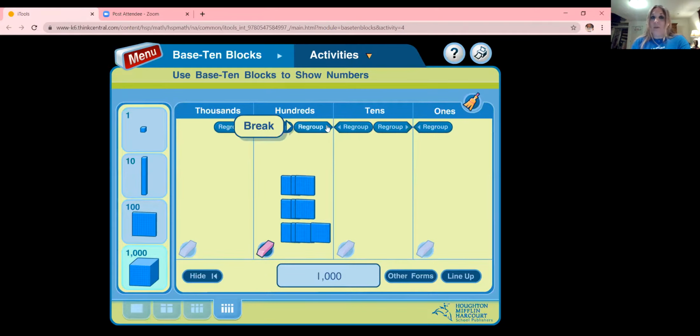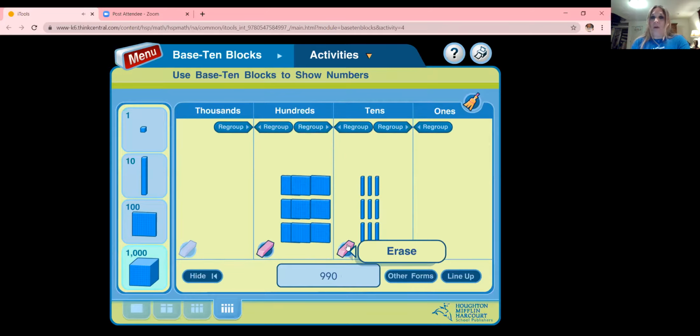Let's go backwards. Cool. How many 10s did it give me? 1, 2, 3, 4, 5, 6, 7, 8, 9, 10. Okay, now if I want to divide by 10 one more time, there's my 10 ones. Okay?